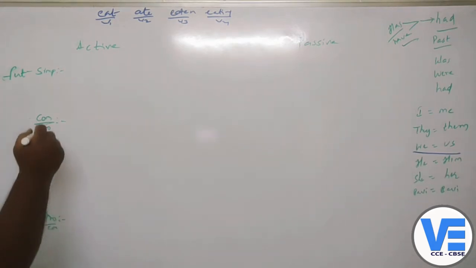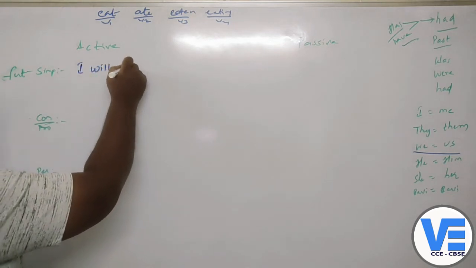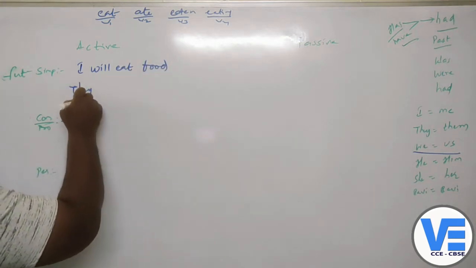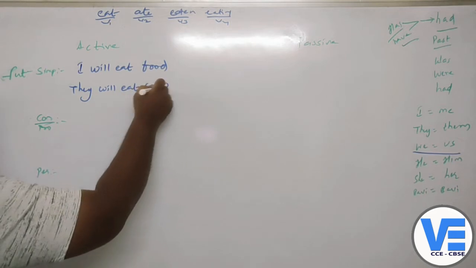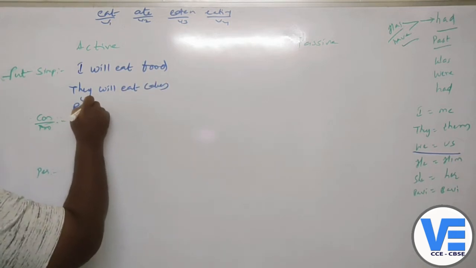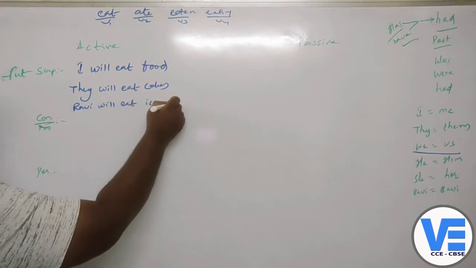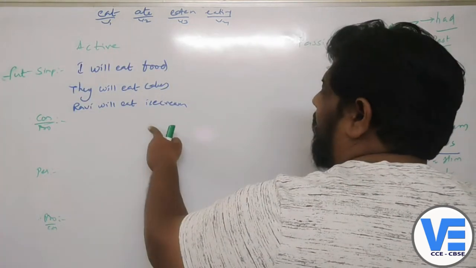So in future simple, I'm writing here, I will eat food. They will eat cakes. Ravi will eat ice cream. Okay, so these are the future simple active voice.